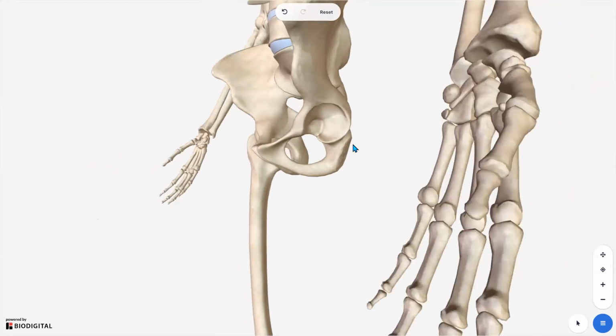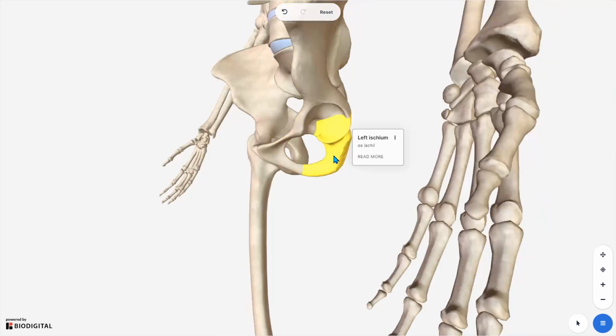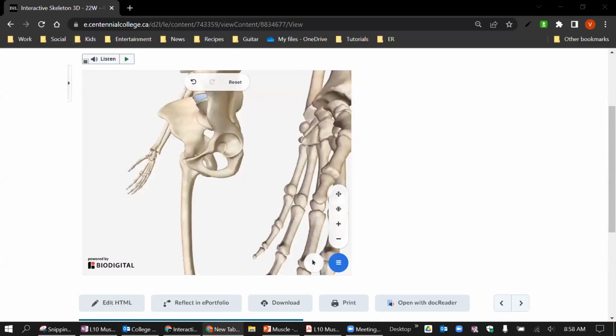And this is actually formed by the ilium on the top, the pubis at the front, as well as the ischium at the back. So all 3 of them will help form the acetabulum. So that's basically what happens in the picture.